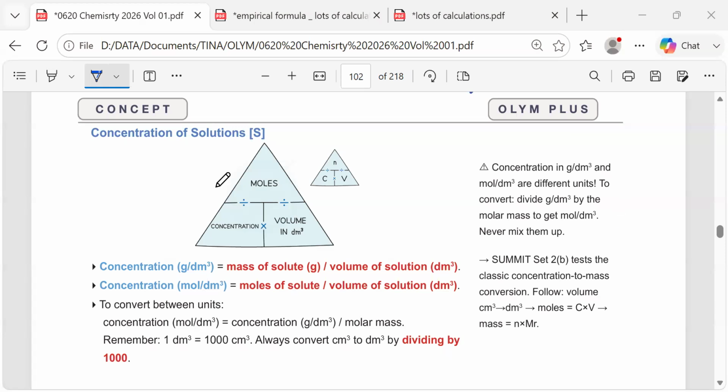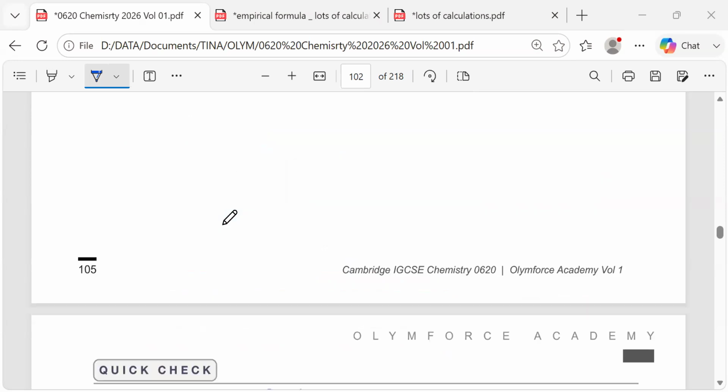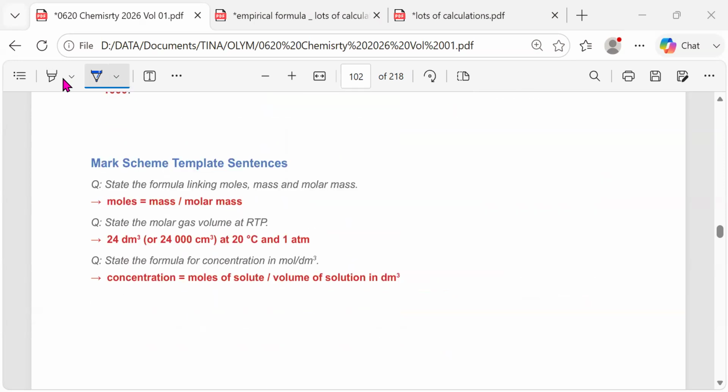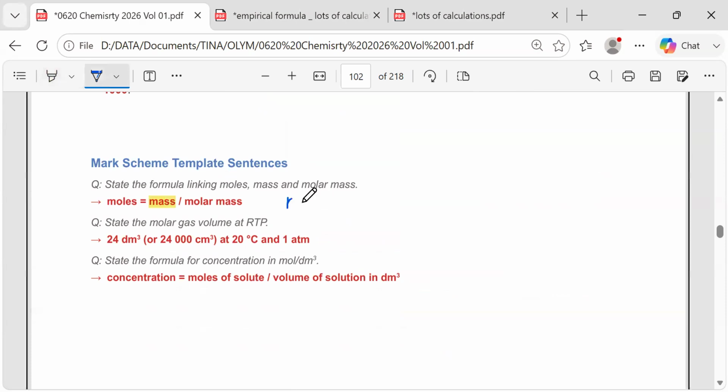All right. So for this question, same page is now 105. We've talked about if it's solid, as long as they give you mass in grams, you use this formula, mass over molar mass, correct? Then just now I've taught you, so basically for amount of moles, we have three formulas.